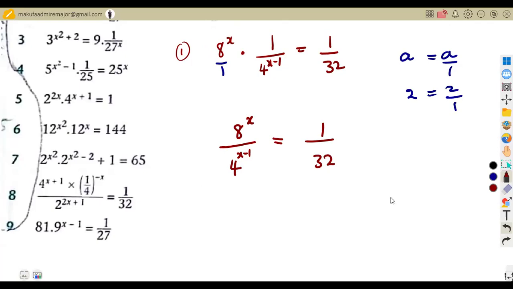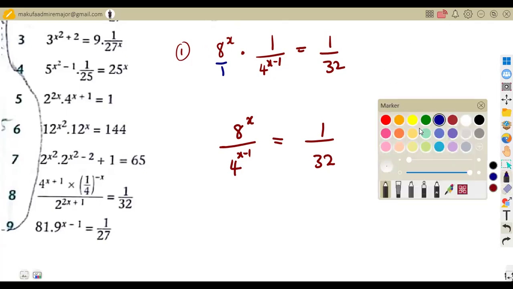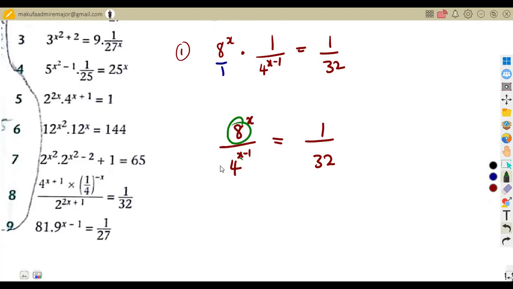Remember, I said in simplest form, we are supposed to think of the base. That is the prime number, the simplest number that you're going to have between 8 and 4. And the smallest number, which is a prime number that you're going to think about there, is the base of 2. Remember, 8 is the same as 2 to the exponent of 3. 4 is the same as 2 to the exponent of 2.